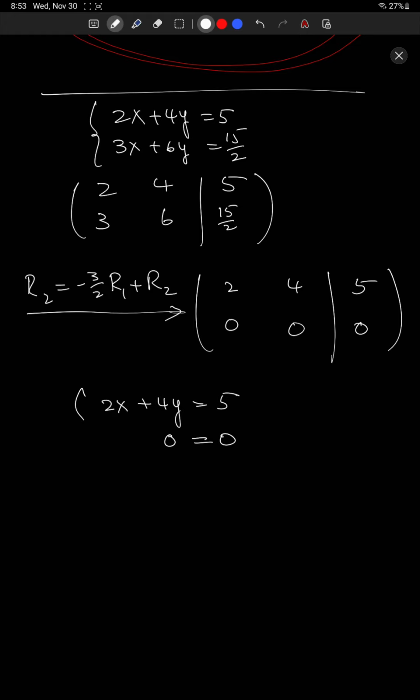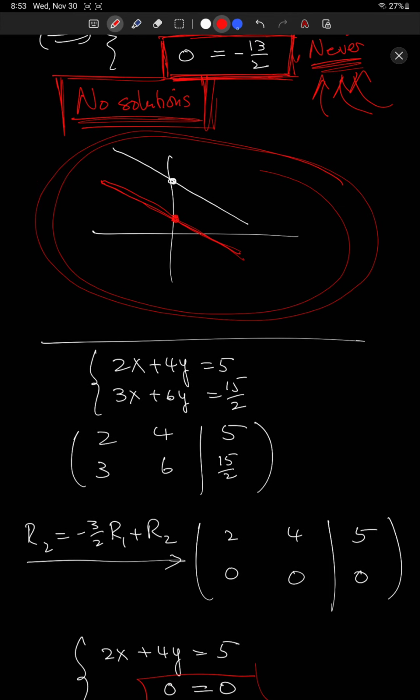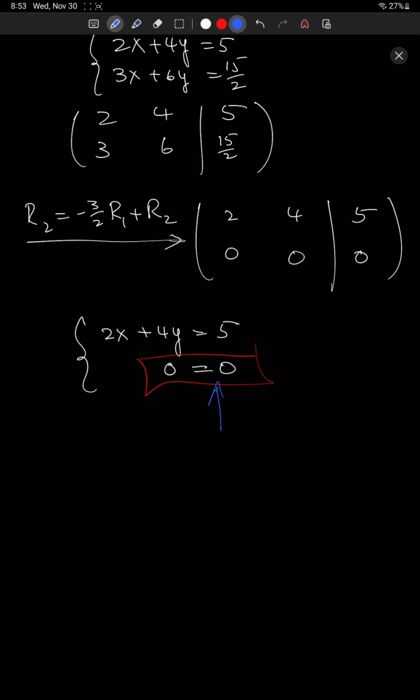All right. Okay, what does this mean? Well, 0 equals 0 is not a problem compared to what we had before. Before we had 0 equals minus 13 over 2. That was bad because 0 is certainly not equal to minus 13 over 2. But down here, 0 equals 0, this is always true, right? So in effect, what this means is that this second equation is meaningless.